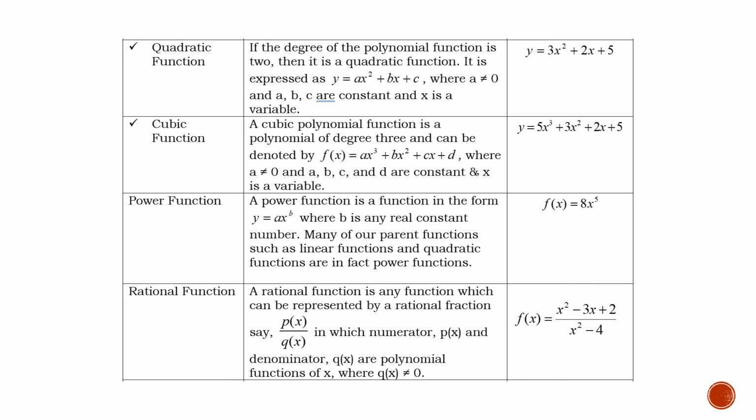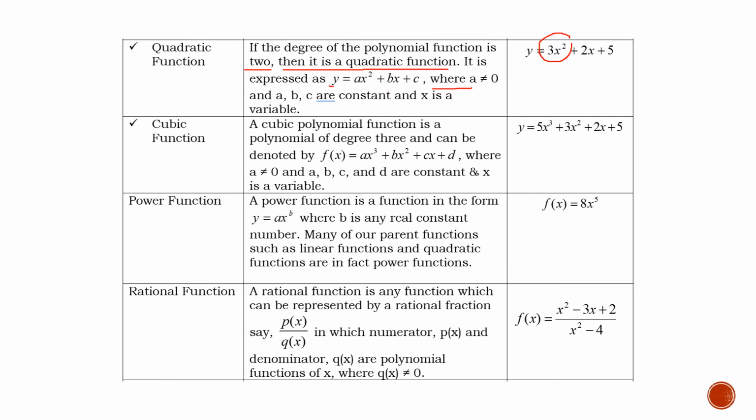So one example of your polynomial function is your quadratic function. If the degree of the polynomial function is 2, then it is a quadratic function. Meaning to say, the highest exponent that you will see in this function is 2. That's why in your leading term here, the exponent is 2, where a is not equal to 0, a, b, and c are constants, and x is a variable.